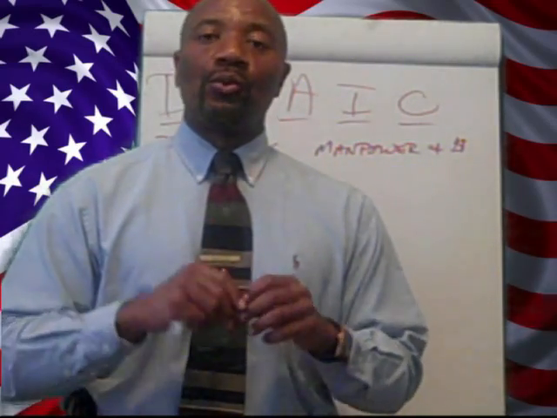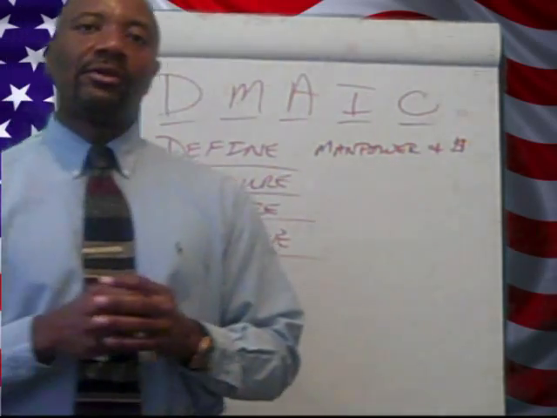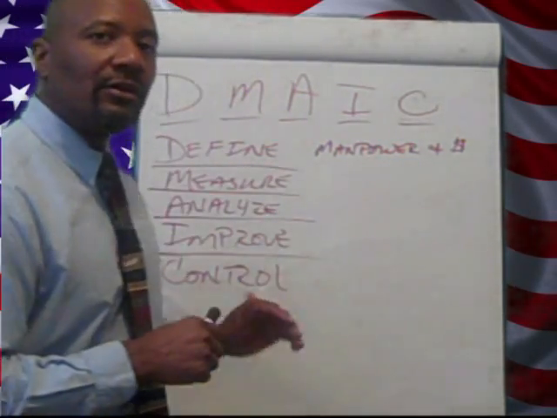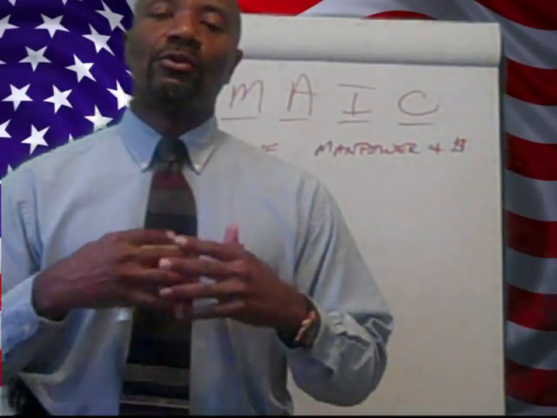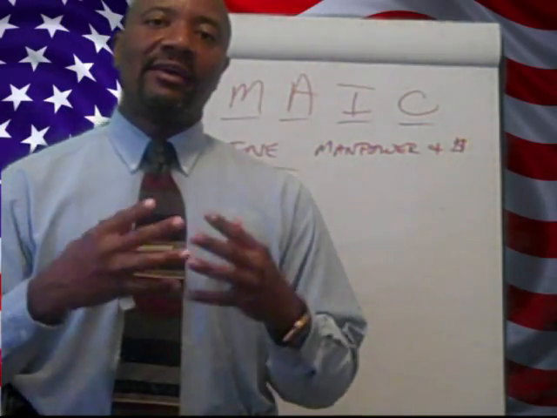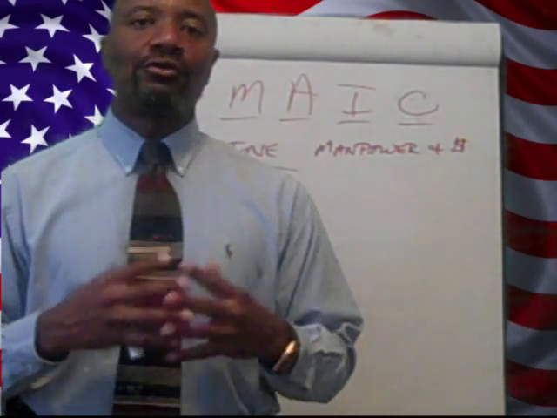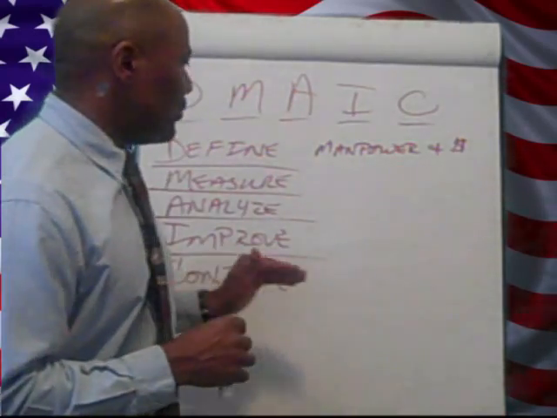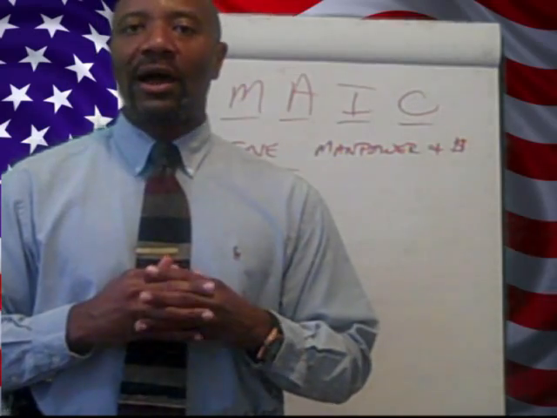That means we're going to identify all the individuals that need to be associated with the control phase, from the standpoint of who's going to be responsible for continuing to monitor the process and take action whenever things seem to go off track. It also includes what kind of data we need to make sure that we are keeping track of.